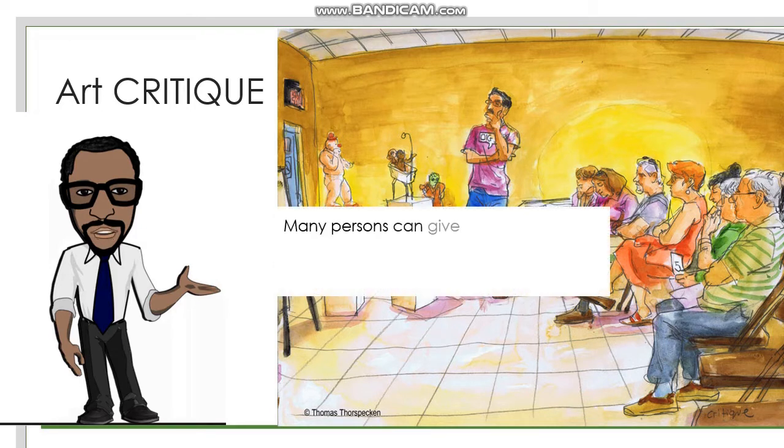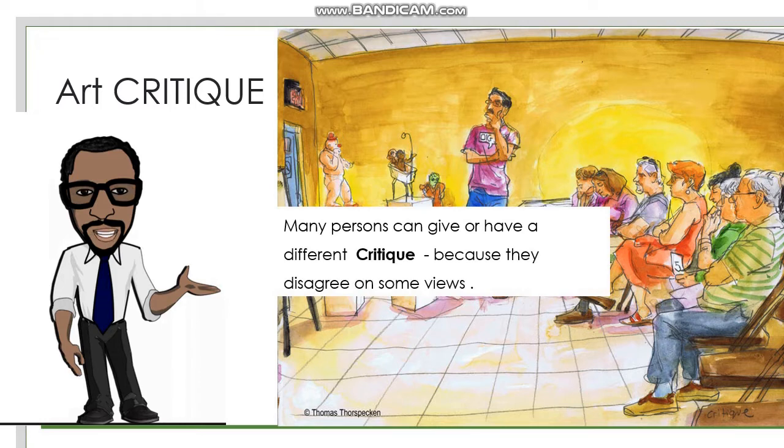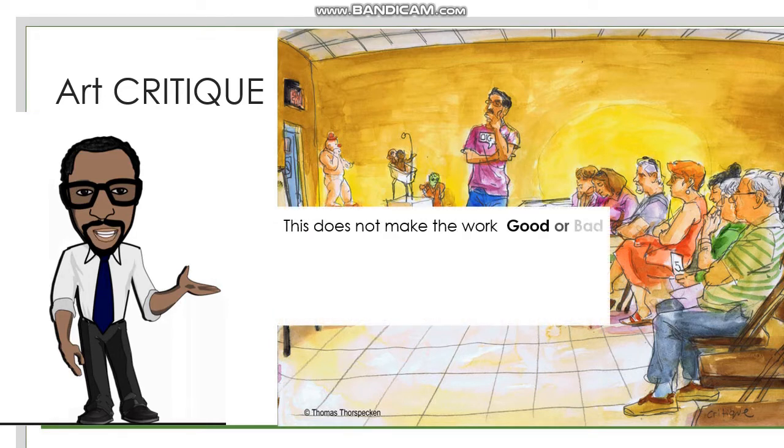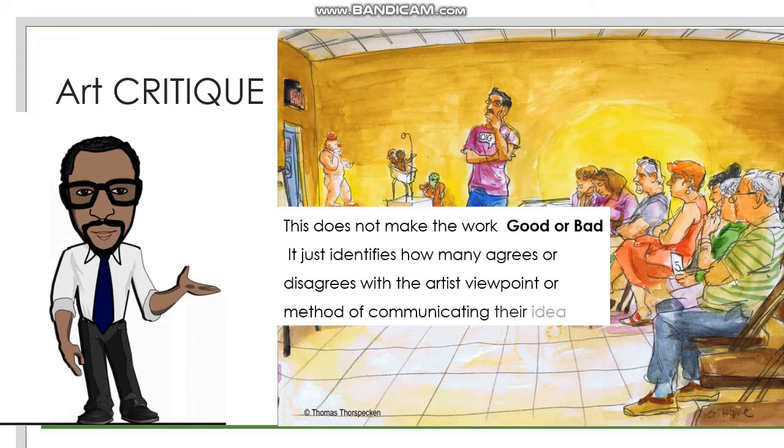Many persons can also give or have a different critique because they disagree on some views. This does not make the work good or bad. It just identifies how many agree or disagree with the artist's view on the method of communicating their idea.